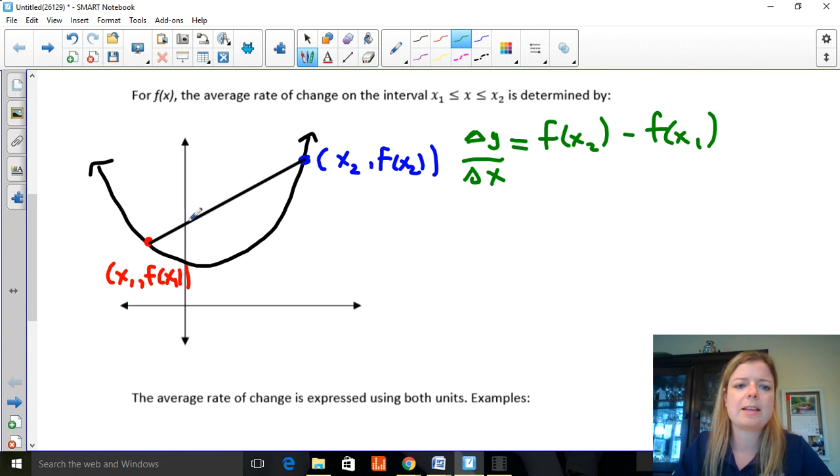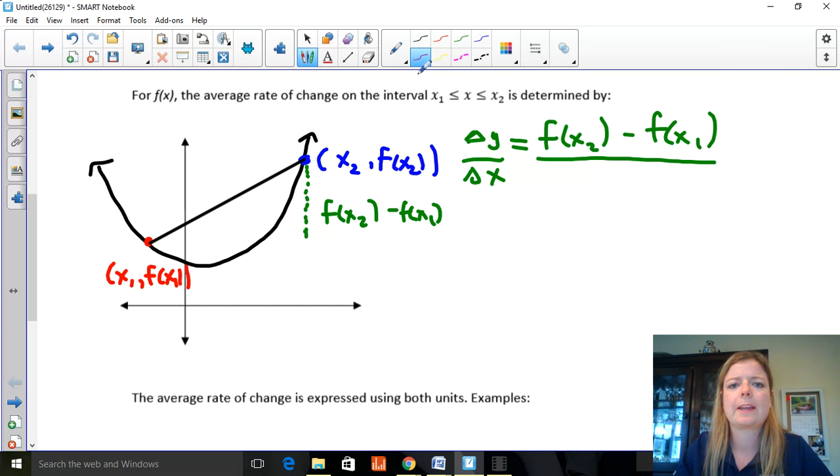So if you're looking here, the change in y is just this distance here. f at x2 minus f at x1, that's the length of that line there. Divided by, and then we're talking about this distance here, the change in x, that's just x2 minus x1.